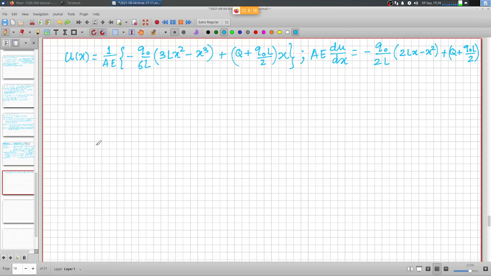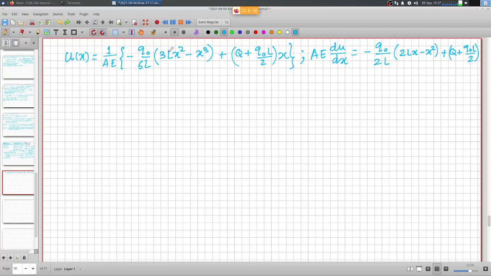Now I can look at solving these problems, and if we choose these terms, then we can actually plot the results and see how the displacement varies and how the axial thrust varies. You should appreciate that axial thrust varies in this case as a quadratic polynomial.